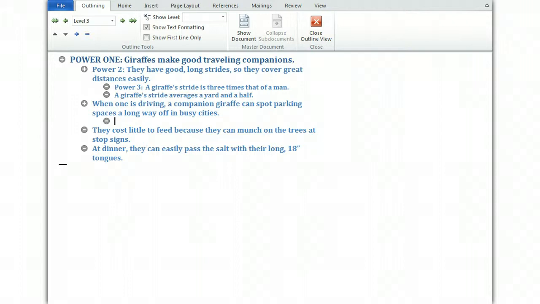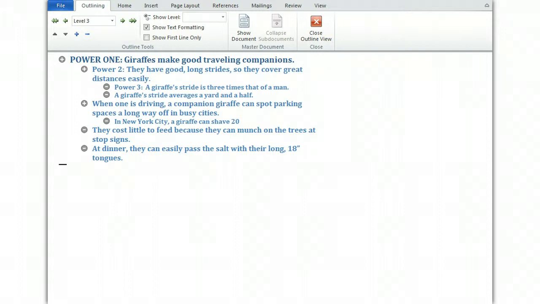So let's say in New York City, a giraffe can shave 20% off the travel time of the average trip.